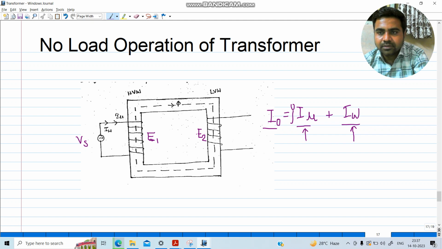In order to supply those eddy current and hysteresis losses, the transformer draws a no load current IW, and it draws a current to magnetize the core, known as IMU, also known as the magnetization current. Now let's get into detail on what exactly IW and IMU are, and how we can correlate them in terms of power.